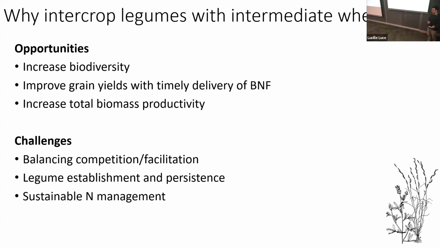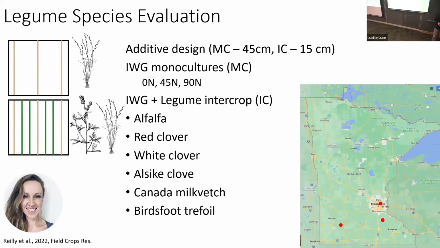If we can add another legume to the stand, increase total biomass, and there's value to that biomass, we're going to talk about that. Some of the challenges are balancing competition and facilitation, establishing our legumes and making sure they persist, given the time required for those ecological processes to play out. I'll talk a little more about whether or not this is a sustainable system.